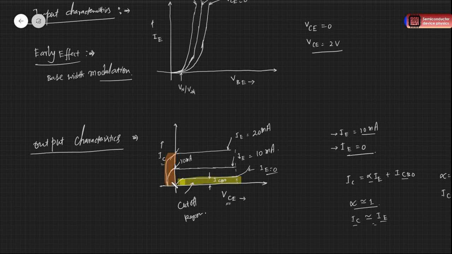This portion is our saturation region. And this portion, which is most important, is our active mode, our active region. The transistor is in the active region. So this is how the output characteristics of the common base configuration look.